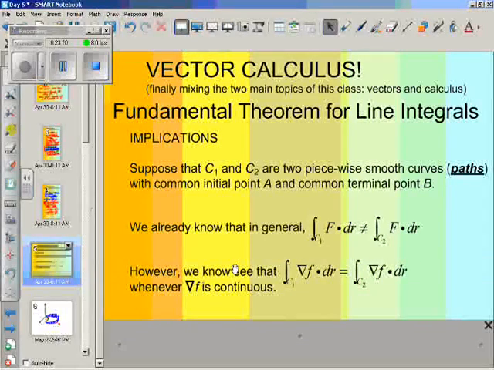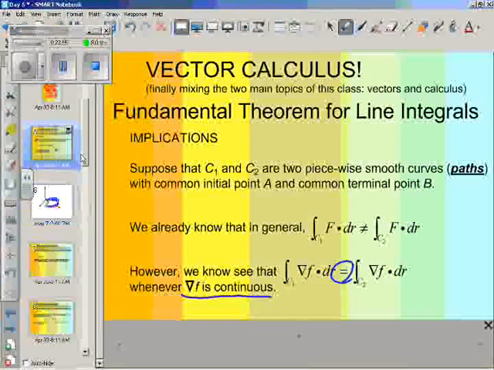And so if we're integrating over the gradient field of a continuous gradient del f here, so as long as this is continuous, then the integral along these two different paths is going to be equal. So as long as they have the same common end point and beginning point, then the integral is going to be equal. Okay, and so that's kind of a big deal, if you think about it.